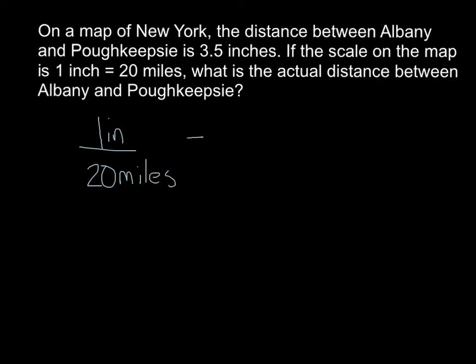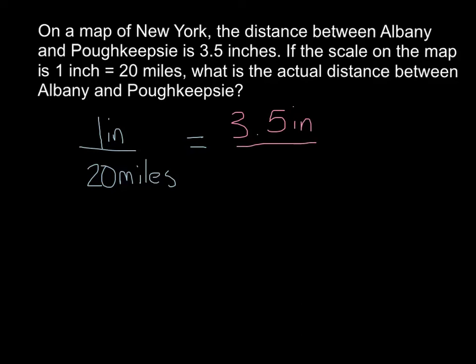And that's going to be proportional to our second ratio that we are going to make. They give us in the problem that the distance between Albany and Poughkeepsie is 3.5 inches. That's the distance on the map, so we put it across from the other value for the distance on the map. So we have 3.5 inches.